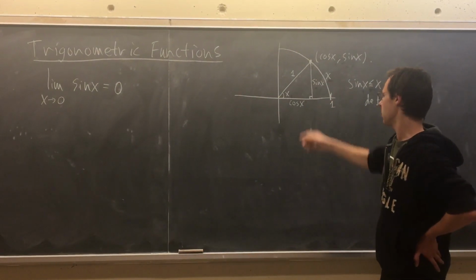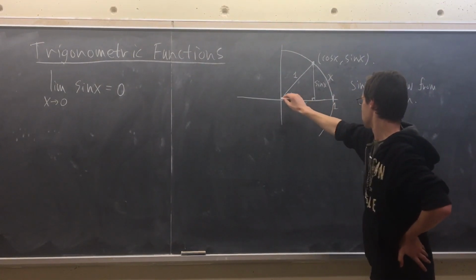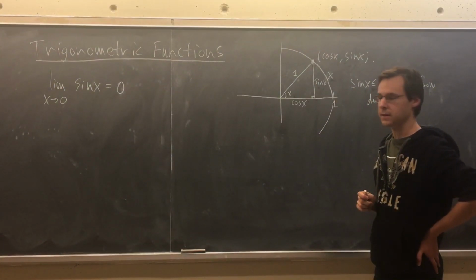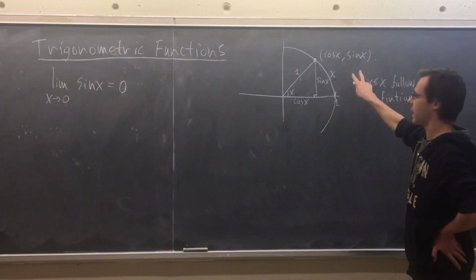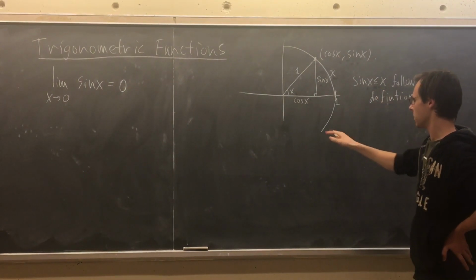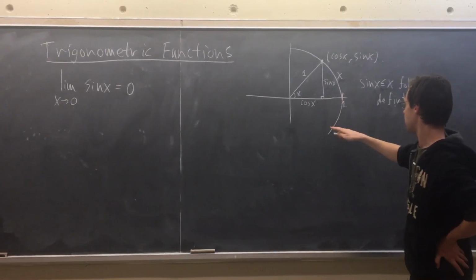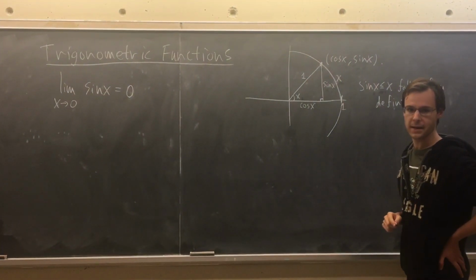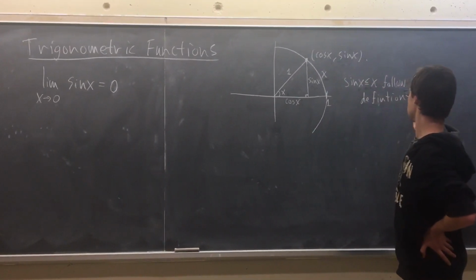Now, when we go the other way on the unit circle, if we were to make x negative over here, the inequality still holds, but you'd need absolute values. If you think about it, if you do have another arm over here, sine x is going to be negative, but x is going to be a larger negative. So in fact, a better way to express this would be by putting absolute values on this.